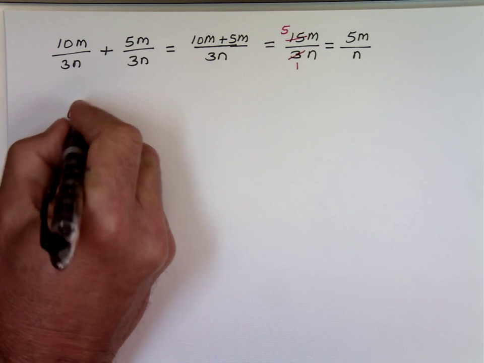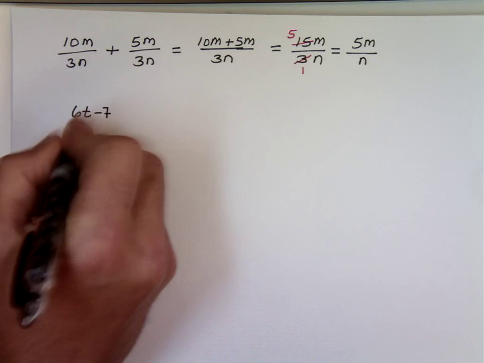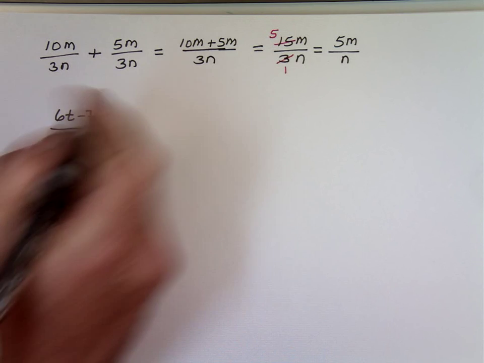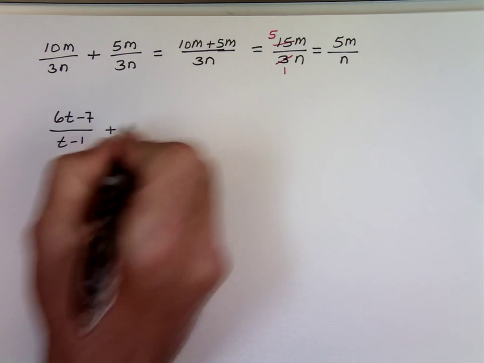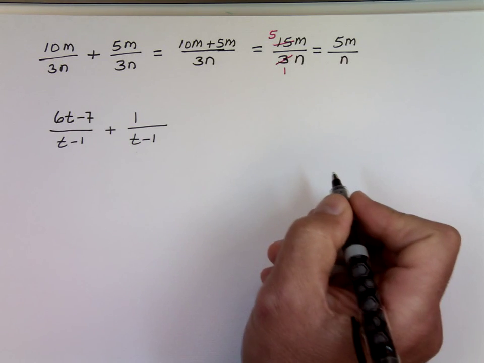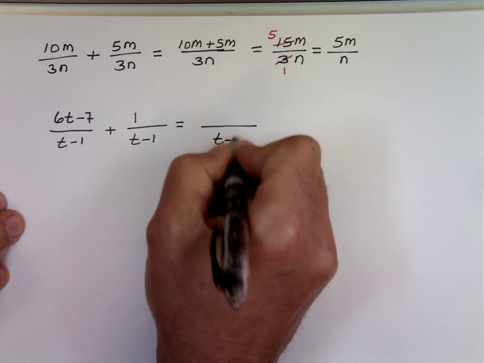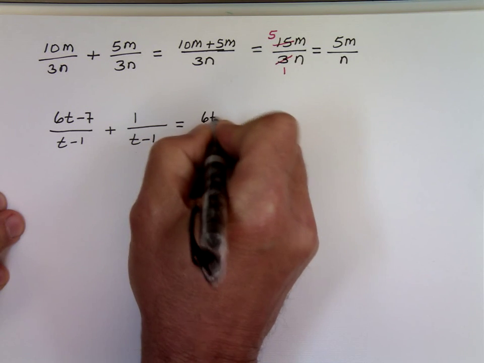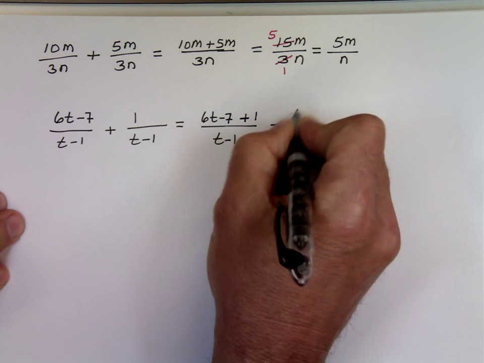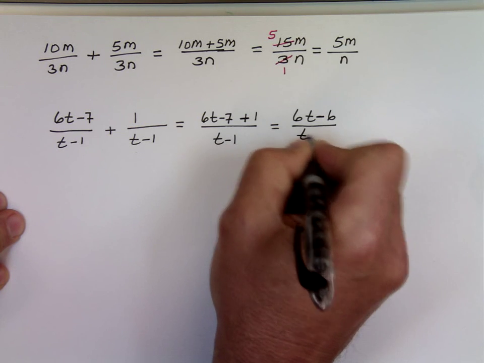I could have 6t minus 7 over t minus 1 plus 1 over t minus 1. T minus 1, that's 6t minus 7 plus the 1, which is 6t minus 6 over t minus 1.